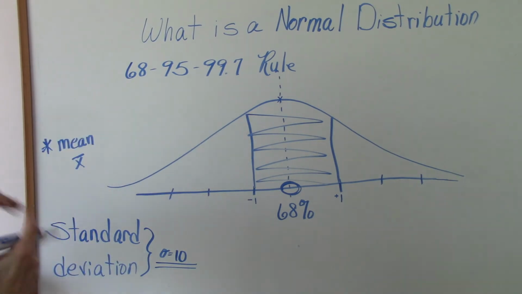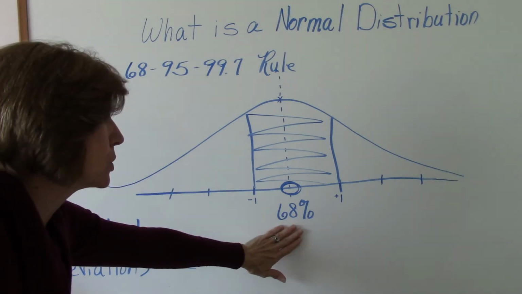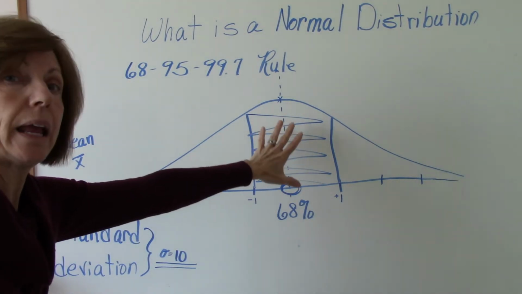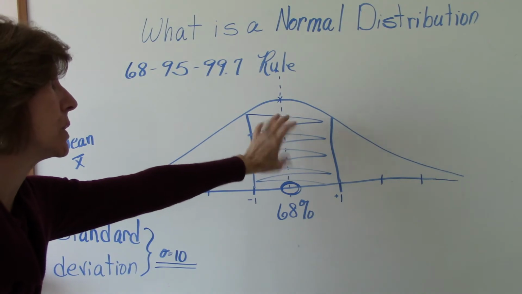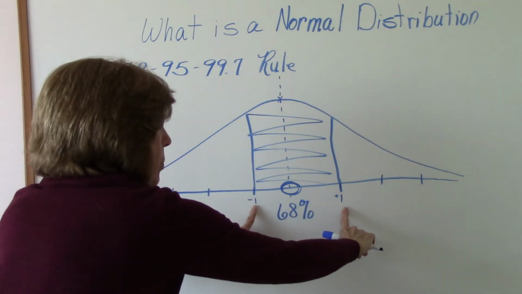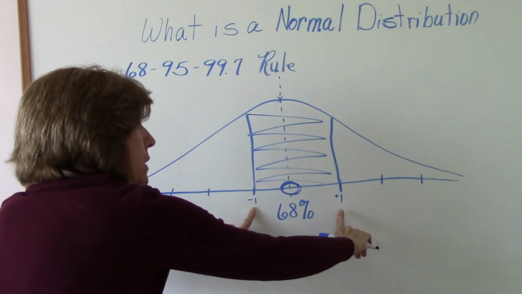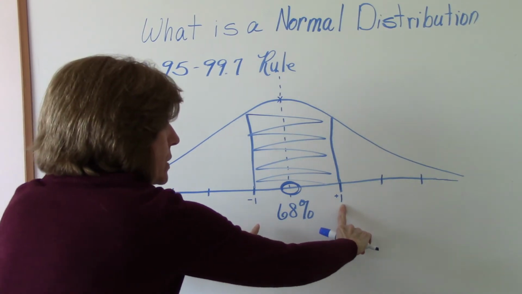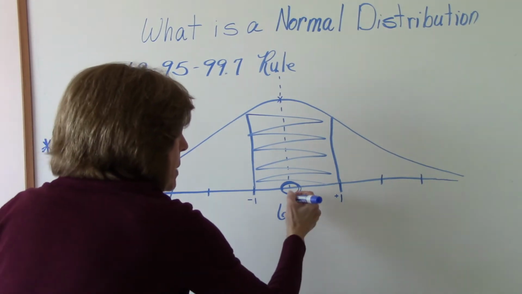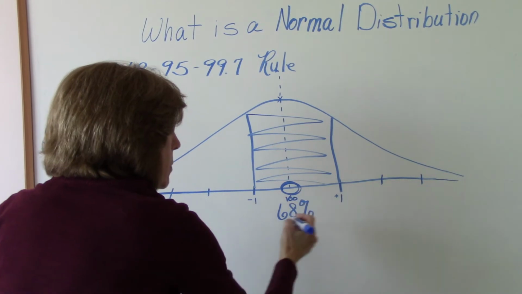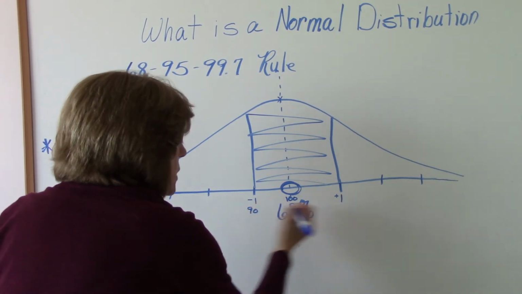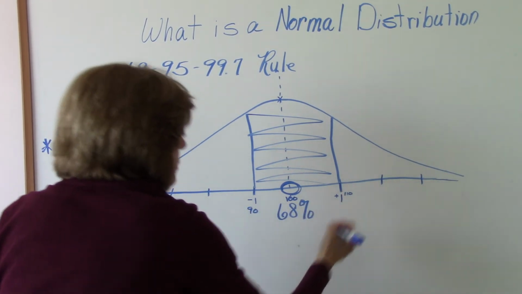All right, so let's just say that there were 100 pieces of data. 68% of 100 would be 68 pieces of data that would fall between one standard deviation below and one standard deviation above.